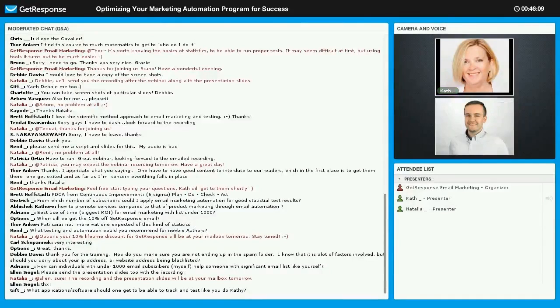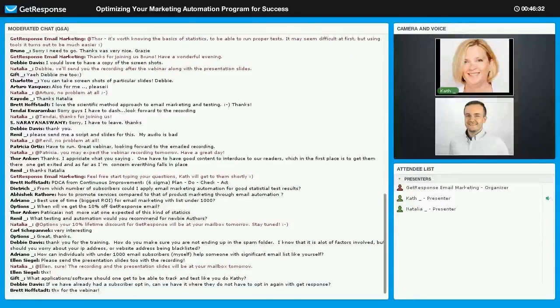So, Ronald has just asked how easy or difficult it is to set up marketing automation. I have just written a blog on this actually, and one of my main concerns with setting up marketing automation campaigns is that we tend to focus so much on the technical aspect of it that we actually forget about the whole purpose of the program itself.